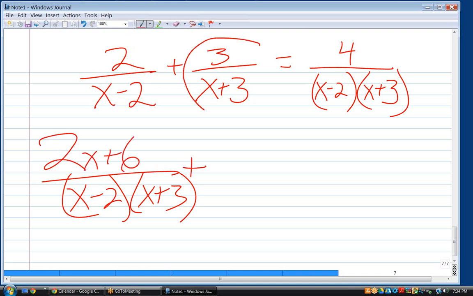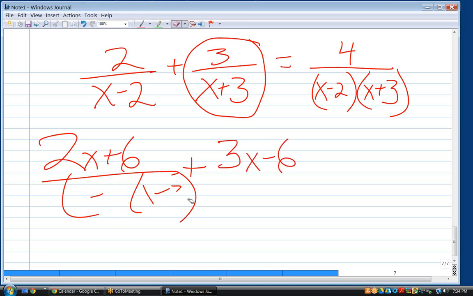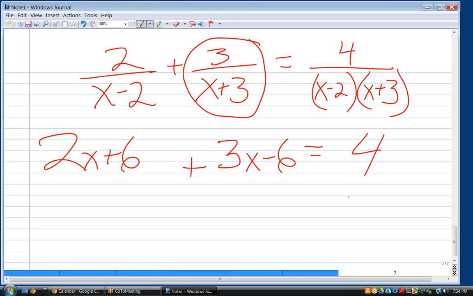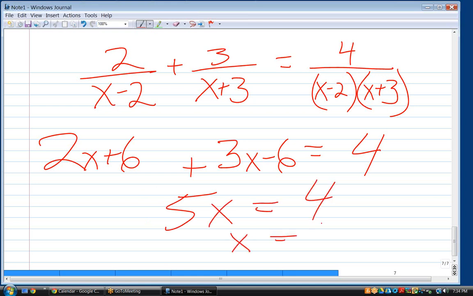About this term here, what do you get? 3x minus 6. And finally, on the right side, 4. And you can see why I love this as a first step, because it takes this complicated equation and turns it into a really simple thing with no fractions in it. So now we got 5x equals 4, x equals 4/5.